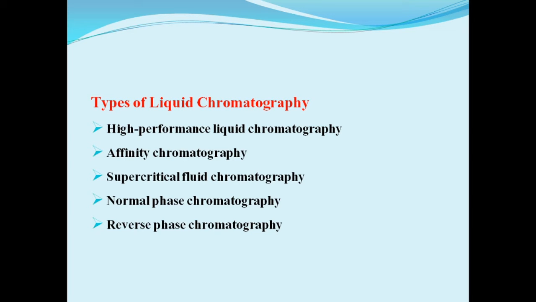Next, affinity chromatography. Affinity chromatography is based on selective non-covalent interaction between an analyte and specific molecules. It is very specific but not very robust. It is often used in biochemistry in the purification of proteins bonded to tags.